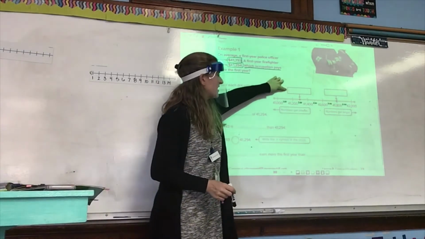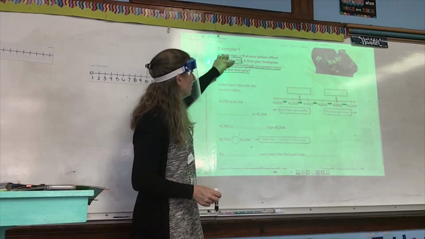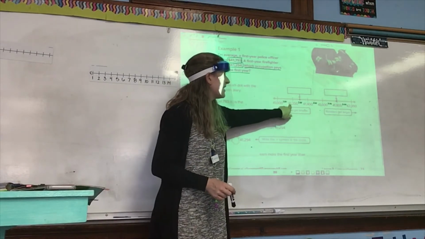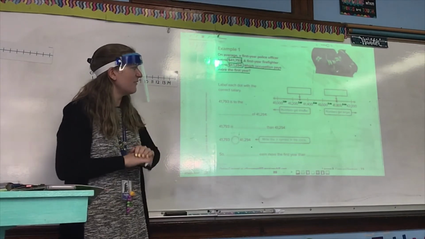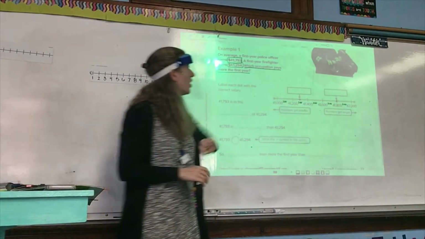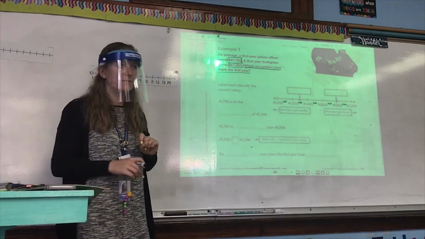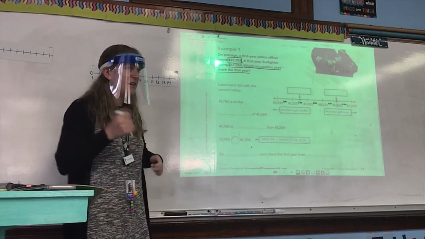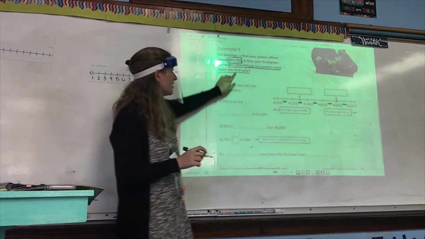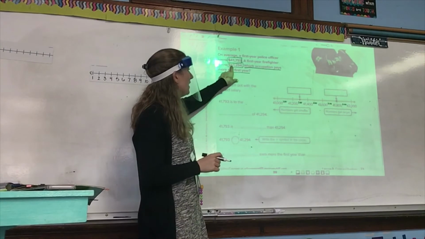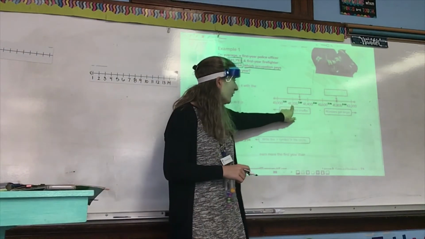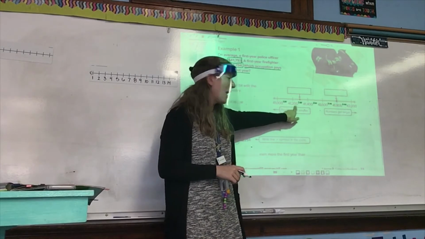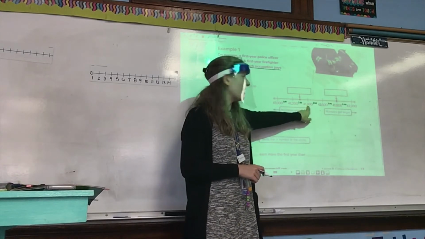So, which salary of these two comes between 41,200 and 41,400? Is it the police officer's salary that fits right here, or is it the firefighter's salary? Michaela? The firefighters, because we know that 41,294 would come after 41,200, but before 41,400.